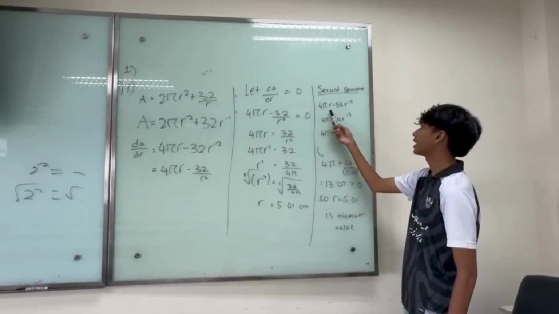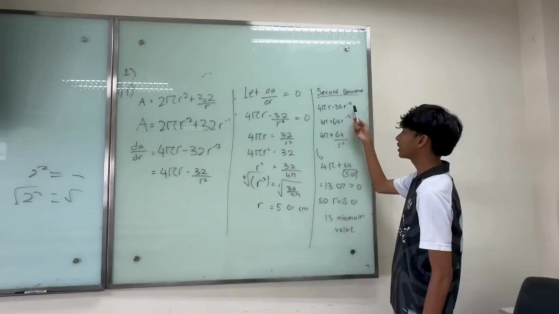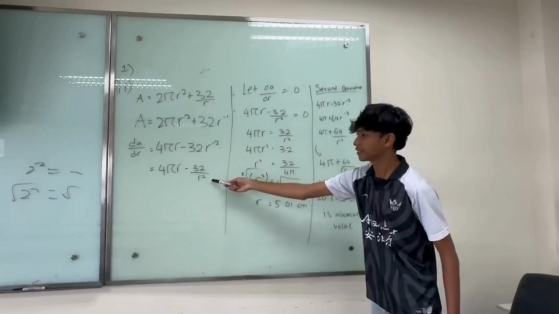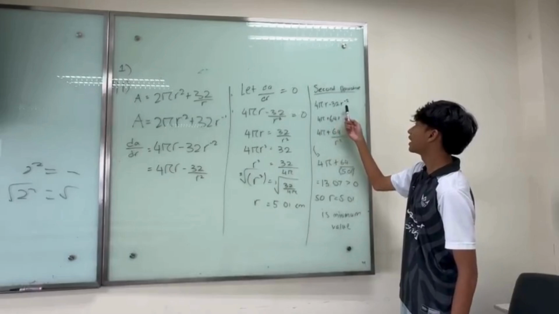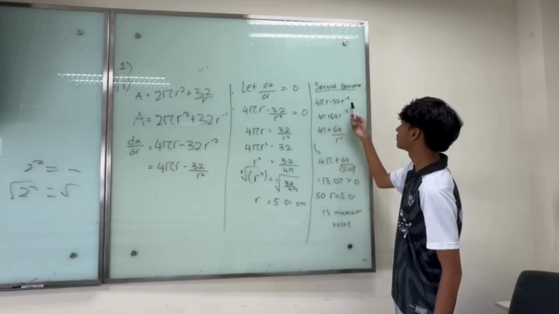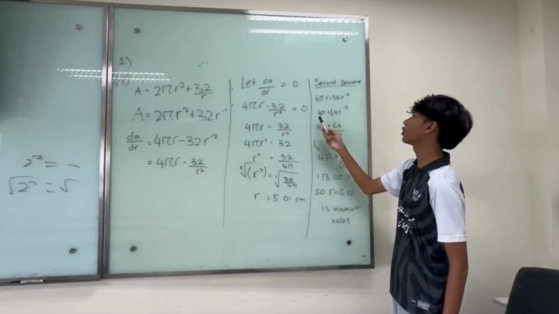So 4 pi r minus 32r to the power of negative 2. Where did I get this? From this. So we can differentiate it. Negative 2 times 4 pi r, if we differentiate it, we get 4 pi.